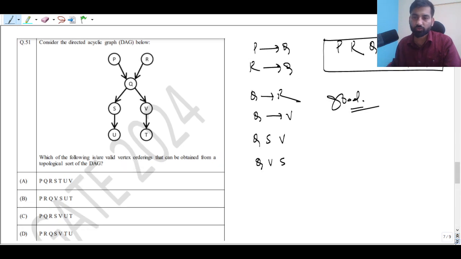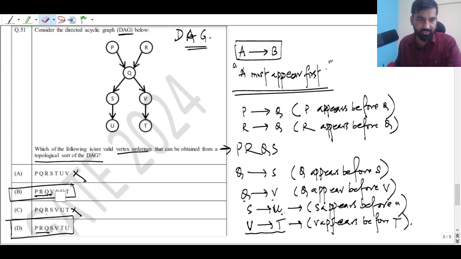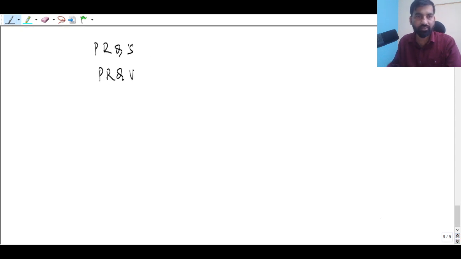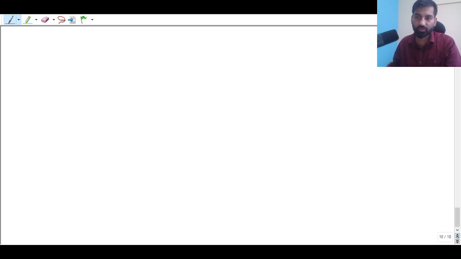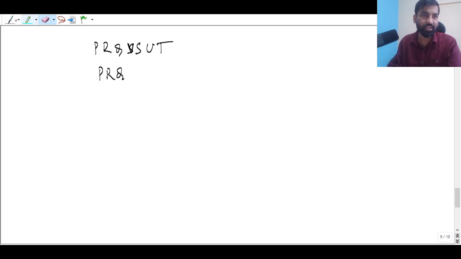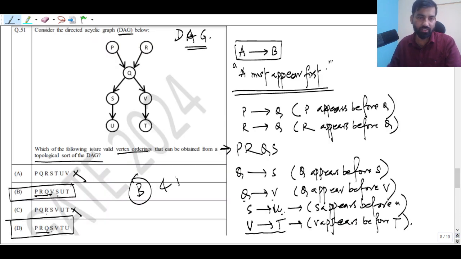So in this case we have VSUT, and option D is SVTU. Everything is correct, so option B and option D are correct in this question.